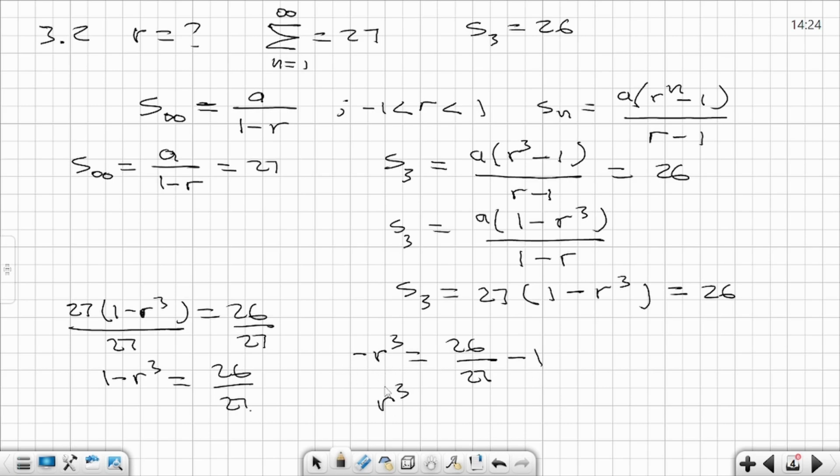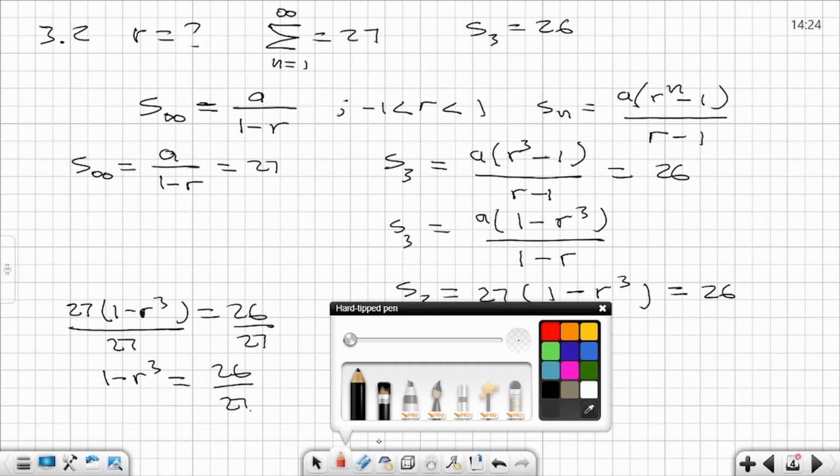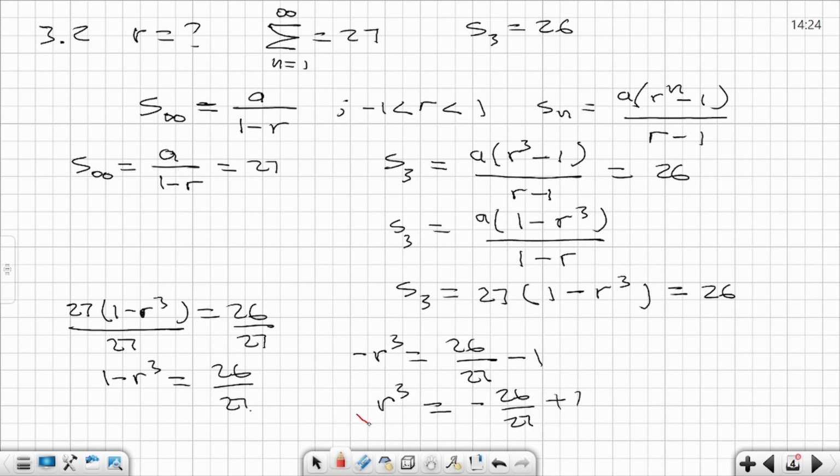So on the left side you have R to the power of 3 is equal to negative 26 over 27 plus 1. And to solve for R, you take the cube root on both sides. Why am I taking the cube root? Because you have to the power of 3 there.